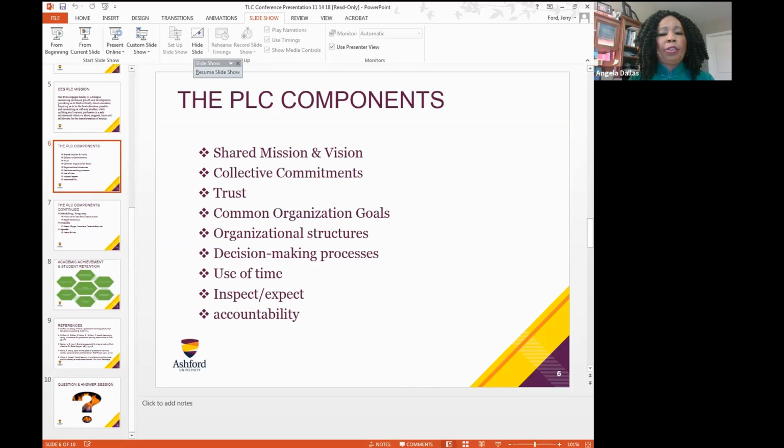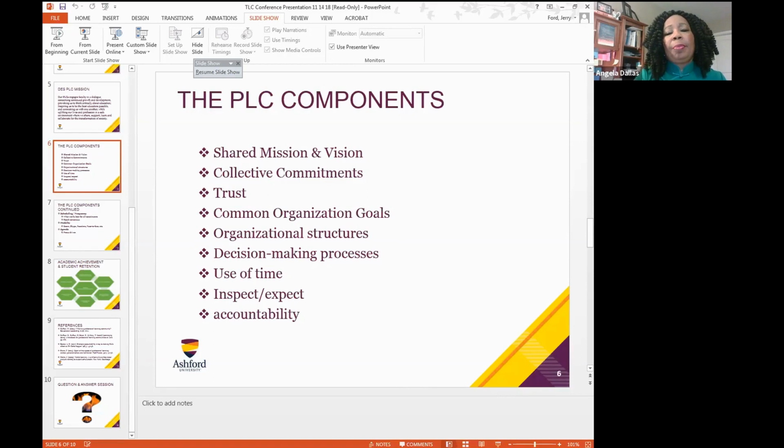Accountability is a major component of making sure that we do what we do and use our time wisely and make sure that we stay focused on our goal of how we can improve what we do to impact student achievement and retention.